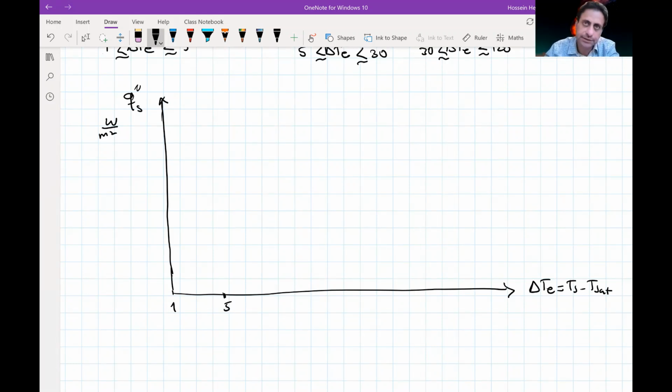Let's put it in the log scale. So let's say this is 10, 100, 1000 here. Then it's going to be 120.